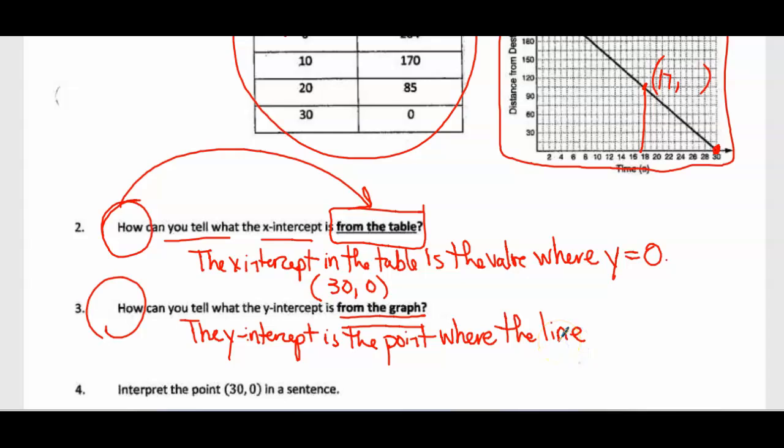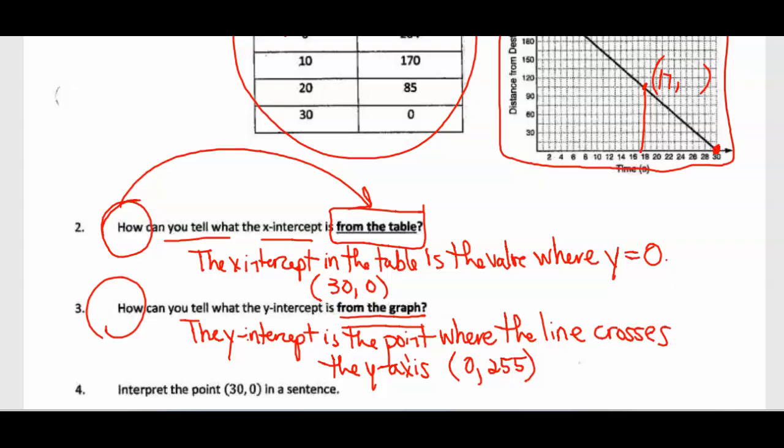The y-intercept is the point where the line crosses the y-axis. And then if I asked you what it was, you would tell me 0, 255.